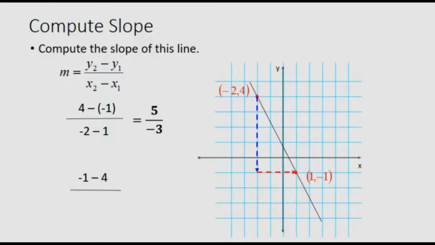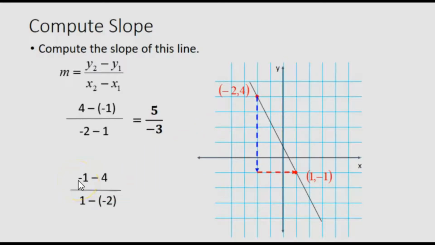So here, our change in y values, starting with this as our first y, we have negative 1 minus 4. Because we're starting with this lower point on the right, we will also start for our change in x with this x value of 1 minus this x value from the second point of negative 2.